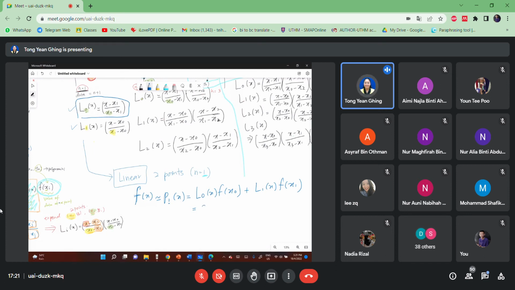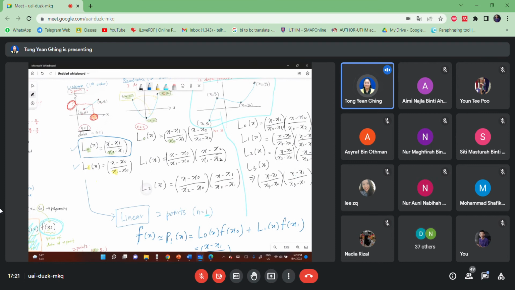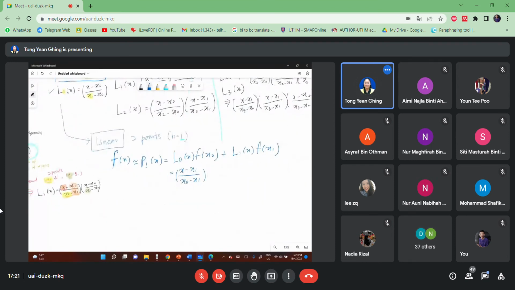So that means this one, just now we defined this one, maksudnya macam ni lah. Like this, x0 minus x1 times f(x0) is actually the value of this one. Sorry, y0. So this is y0. And plus, just now this one, x1 minus x0, x minus x0 times y1, like this.